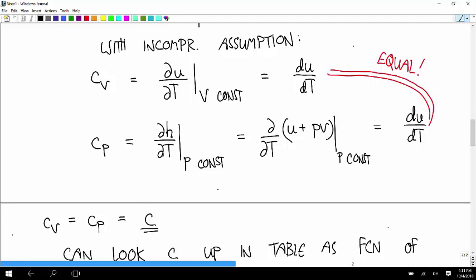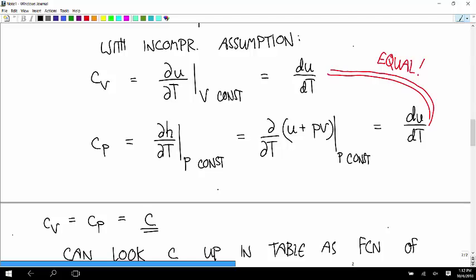If you didn't hold the pressure constant, this could change and you'd get something different. So we're not saying that dH/dT is equal to du/dT. The only reason I did that was to show that we're not dealing with two different kinds of specific heats for incompressible materials. We're just dealing with a C. If you get that, you can calculate a bunch of stuff.